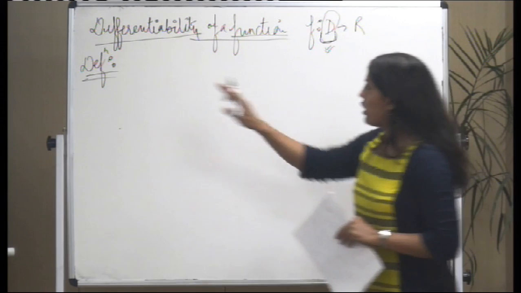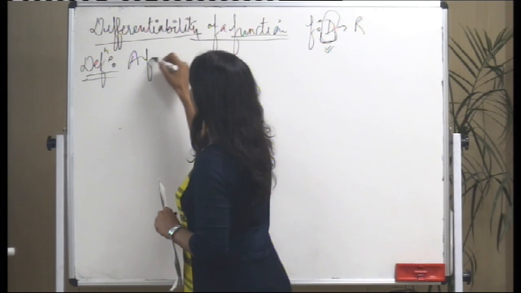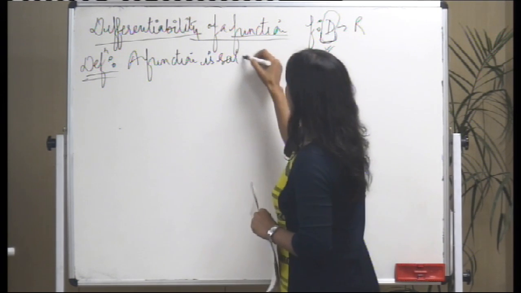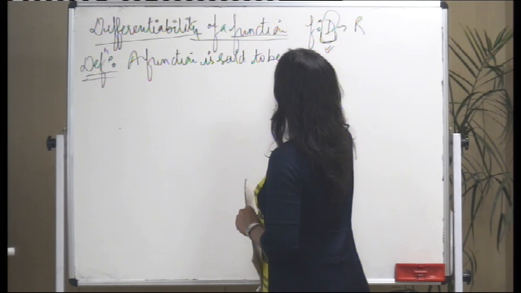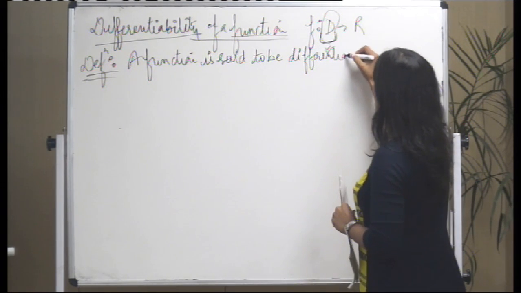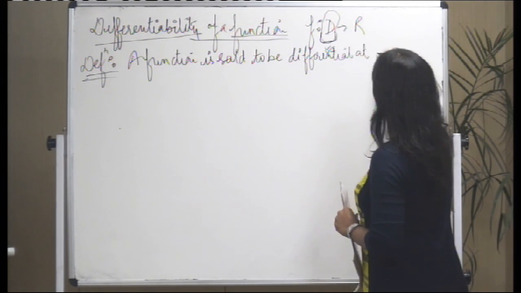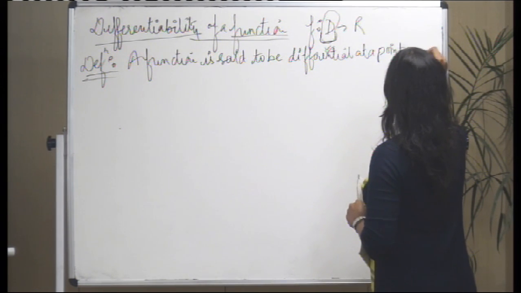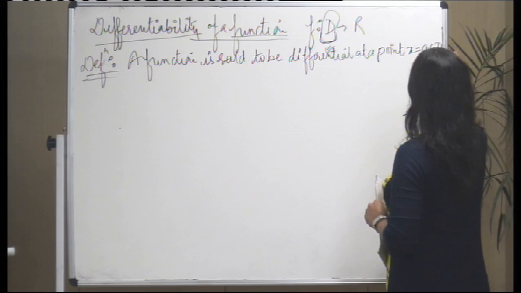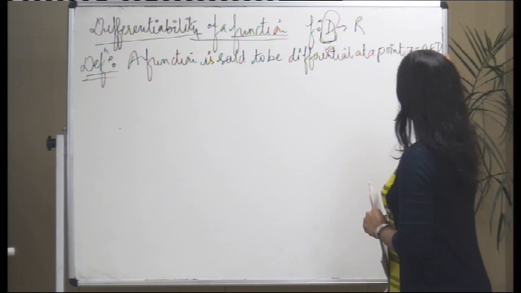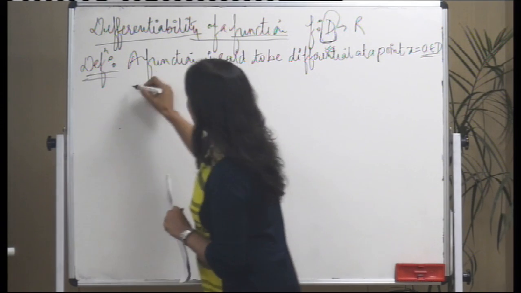A function is said to be differentiable at a point, suppose x is equal to a, and this point is in D, the domain.